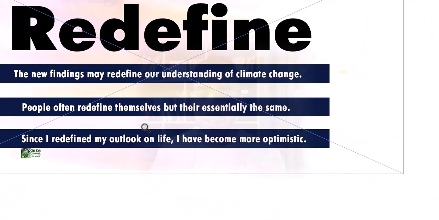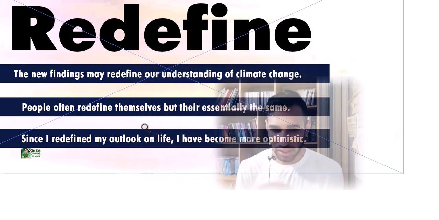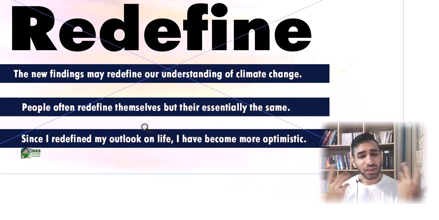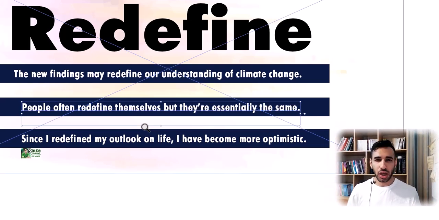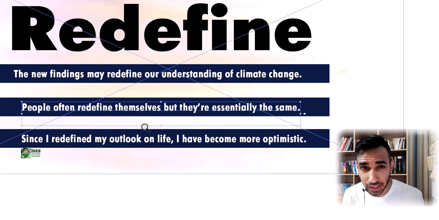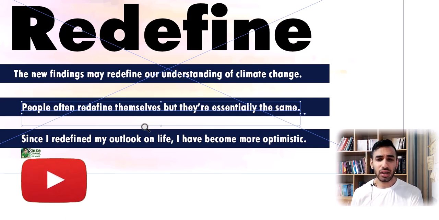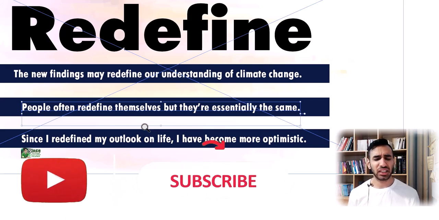People often redefine themselves, their identity, their personality, but they're essentially the same. So they try to explain themselves in different ways, explain their identity, their personality, their characteristics in different ways, but they're essentially the same.